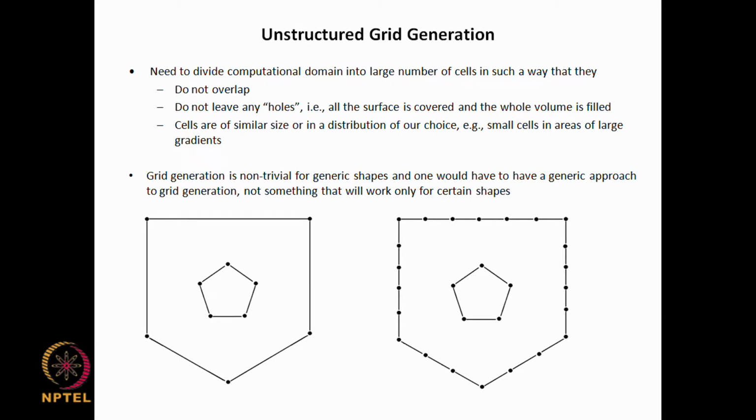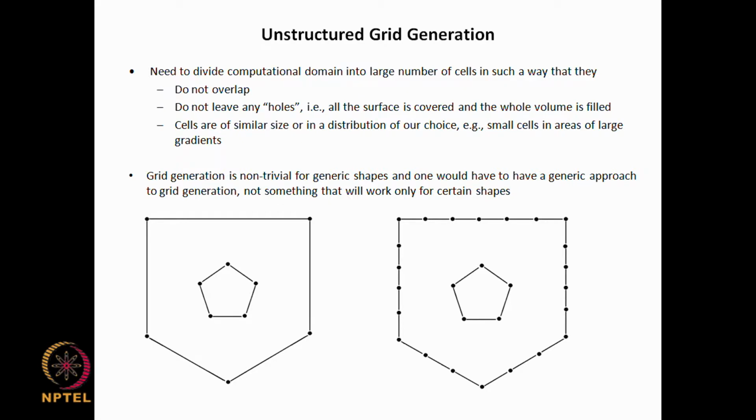For example, small cells in areas of large gradients of the variable that we are looking for is a very desirable feature of CFD, because if you want to resolve a steep gradient, you need to have a large number of grid points, because the truncation error is proportional to delta x or delta x square times the gradient value. So if the gradient is large, the truncation error will be large.